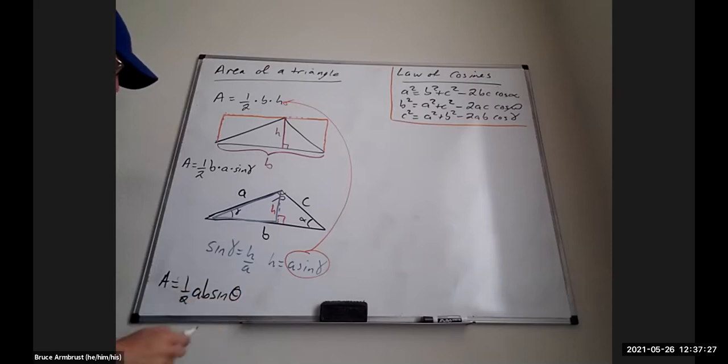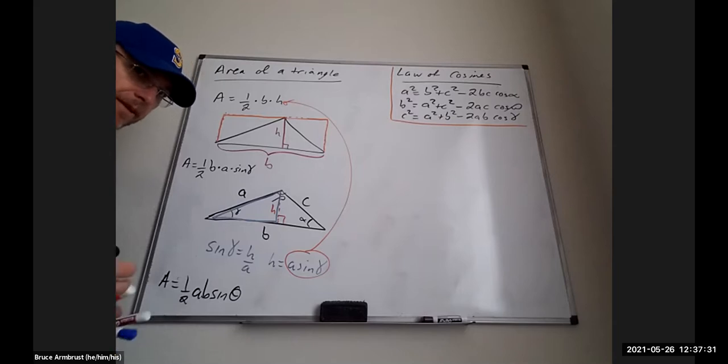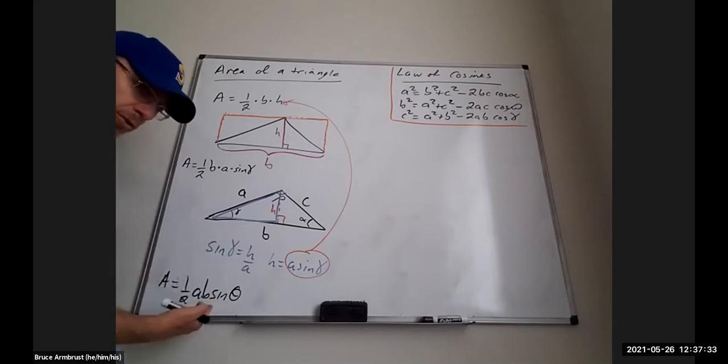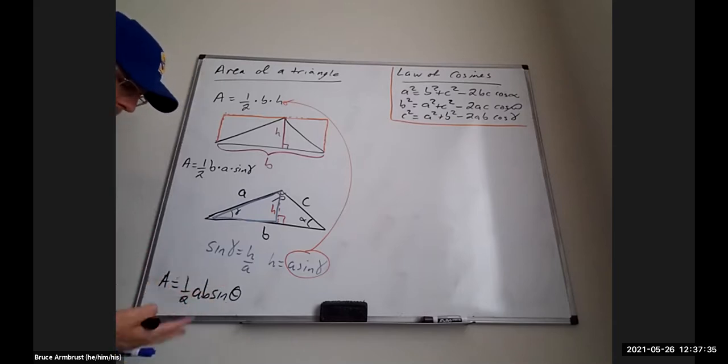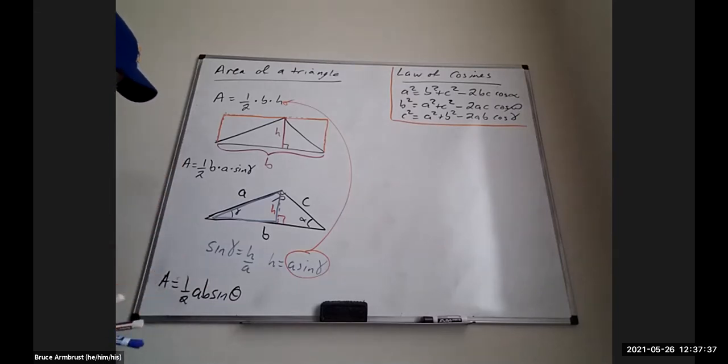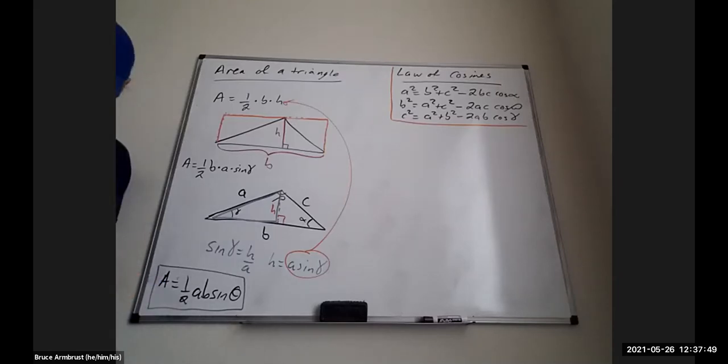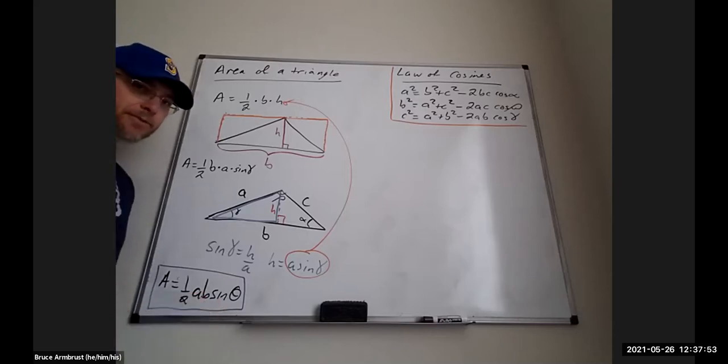I'm also going to change the angle name, just because this is what you'll normally see in a book, and I want it to be familiar. It's A equals 1/2 AB sine theta. A and B are two sides, of course, and theta is just the angle in between them.